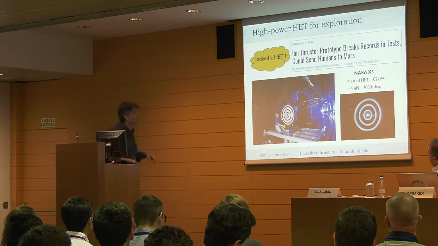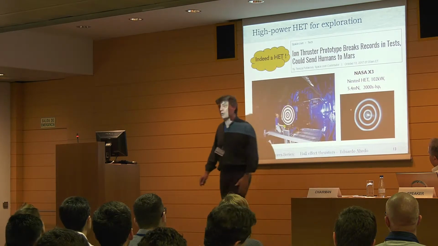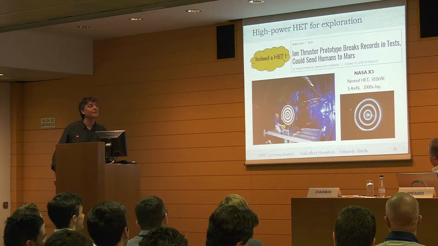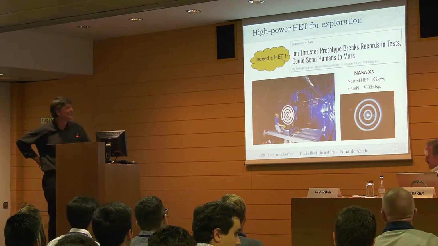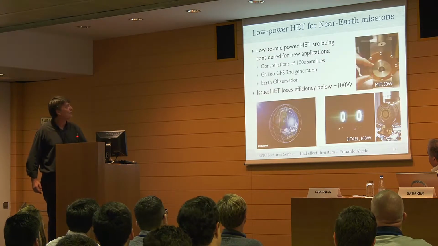And at 102 kilowatts, it is able to give, sorry, this is not millinewtons, this is 5.4 newtons. This is a development by NASA. So this is what we are having today.